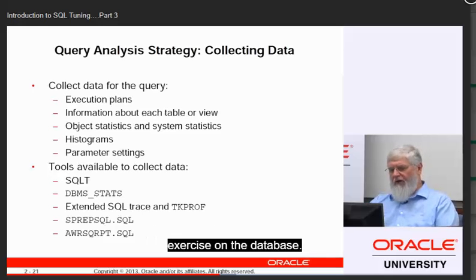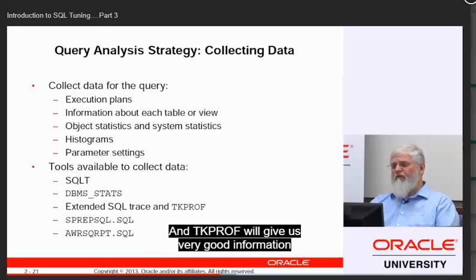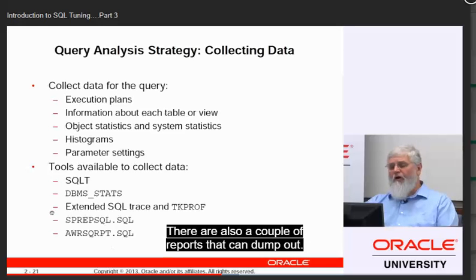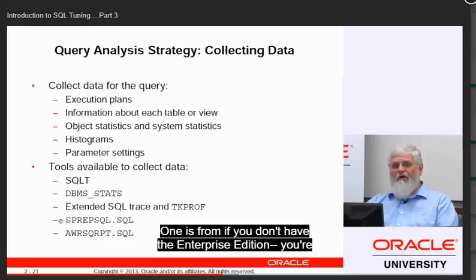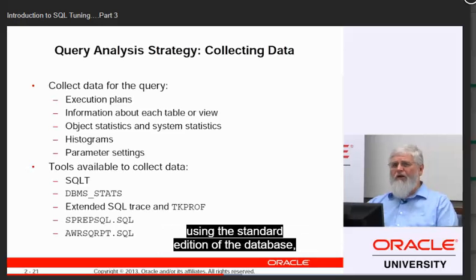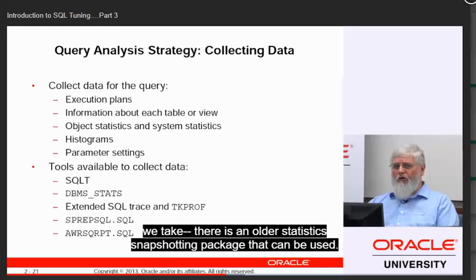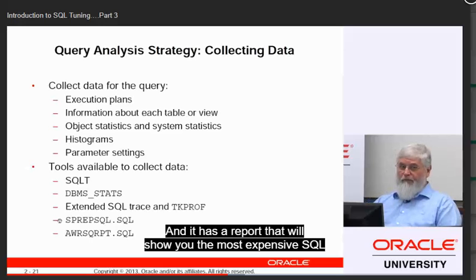There are also a couple of reports that can be dumped out. One is, if you don't have the Enterprise Edition, you're using a standard edition of the database, you don't have the AWR repository available and the snapshots we take, there is an older statistics snapshotting package that can be used, and it has a report that will show you the most expensive SQL and the resources they're taking to execute and the details around it.